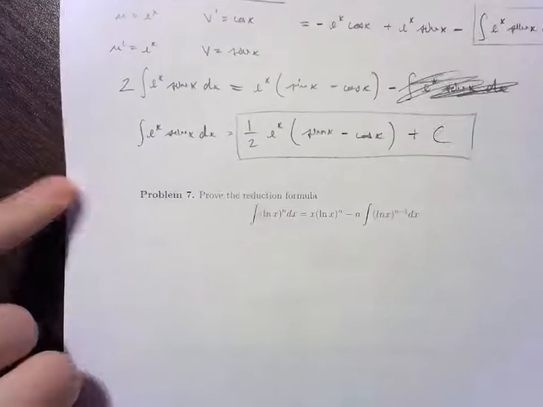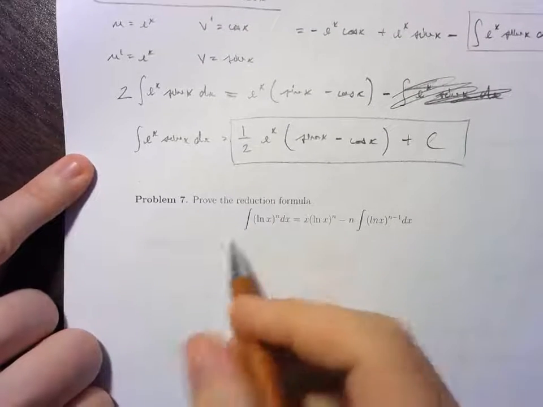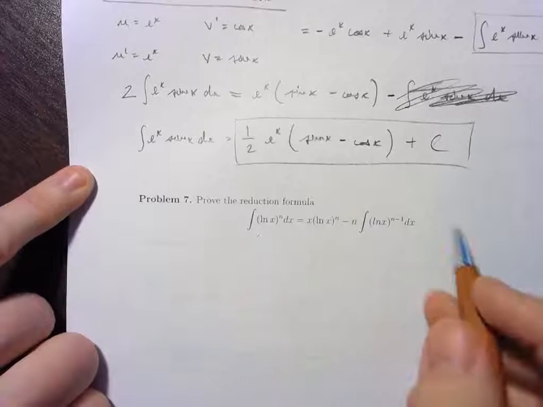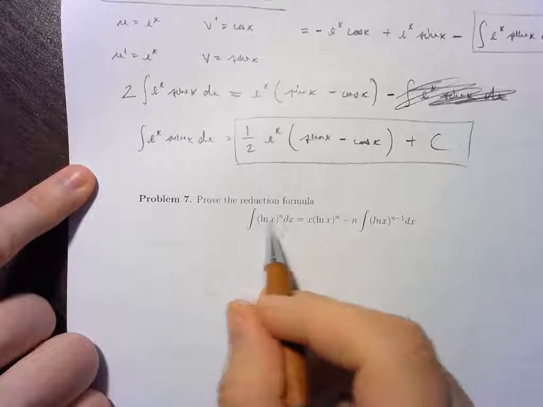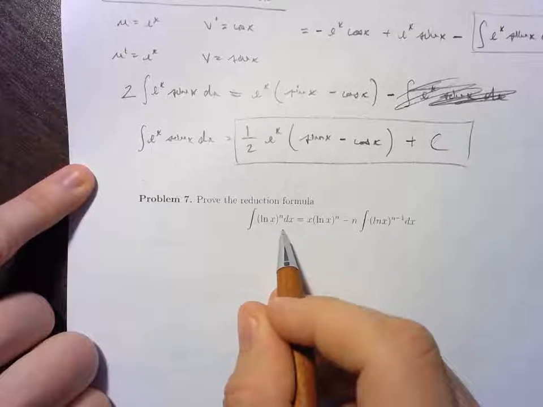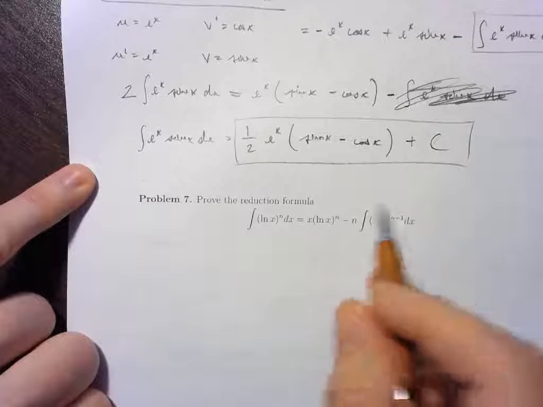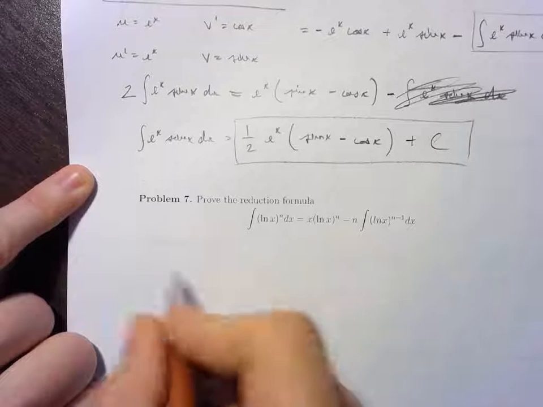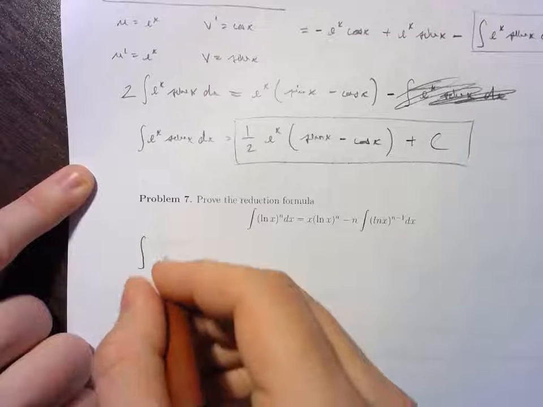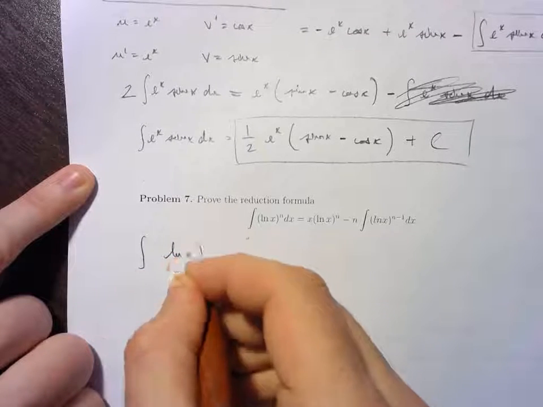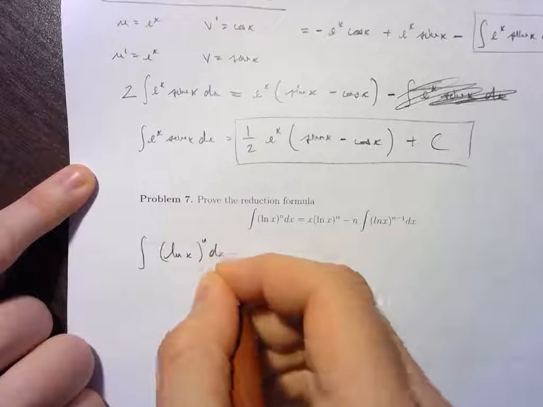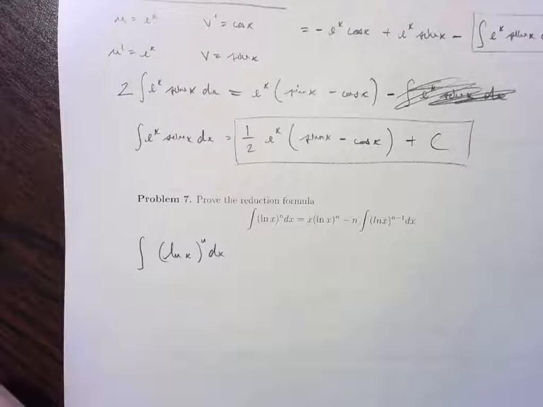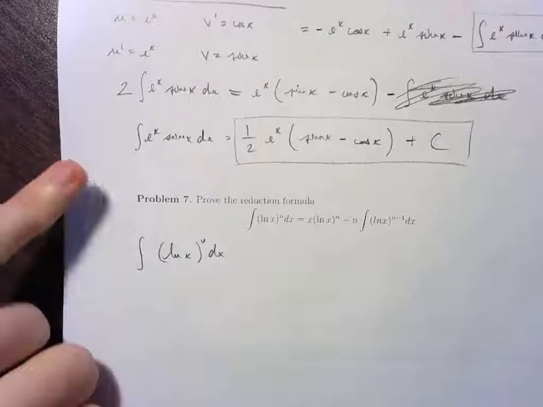Let's also look at number 7, which is asking us to prove the reduction formula, where if I integrate the nth power of natural log, I get this expression right here. Okay, well, let me start with the integral of ln of x to the power n with respect to x, and I'm going to try to apply the same technique that I did when I was just integrating natural log alone.